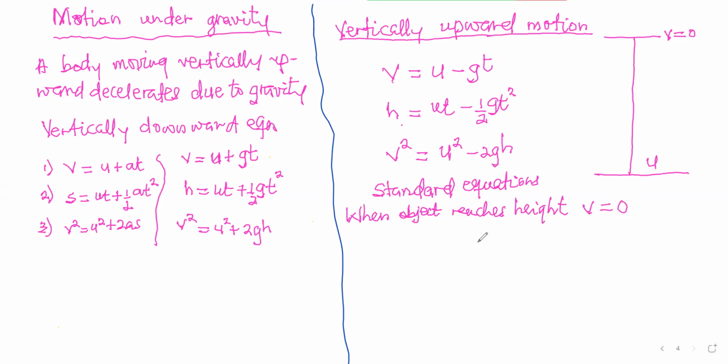So if the final velocity is 0 at the maximum height, then we can use equation 1 to help us derive an equation which will enable us to calculate the time. So at the maximum height, if v is 0, let's substitute 0 for v. We have 0 is equal to u minus gt, isn't it?